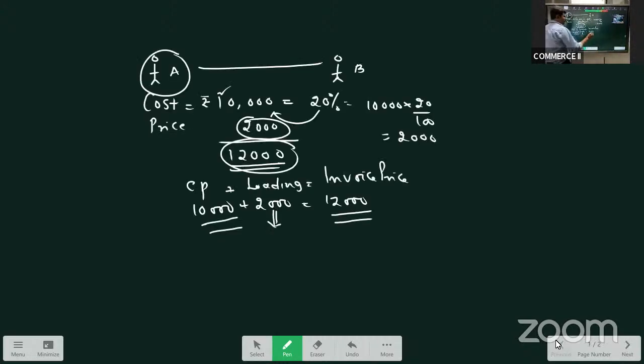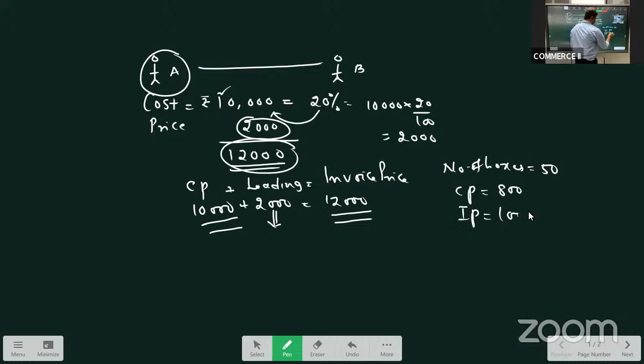Okay, so I said there is a little difference, that's all. Number of boxes, how many? Say 50. Cost price, 800. Invoice price, 1,000. So what is the loading per box? Per each box, what is the excess amount? 200, right?